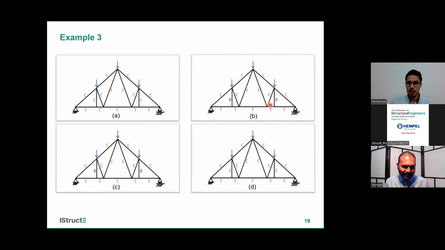Here there's no force, so this is a zero member and this is a zero member. But here he put compression, so this is not our answer and this is not our answer. We have to choose one of these two only. Let's take a look at this load: it's in compression, compression from here and compression from here.